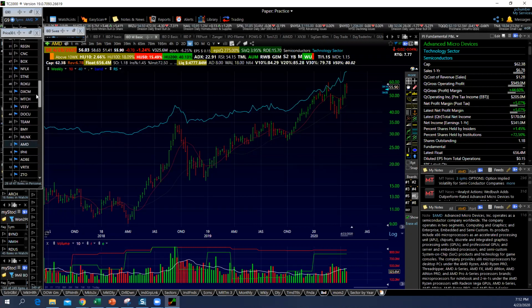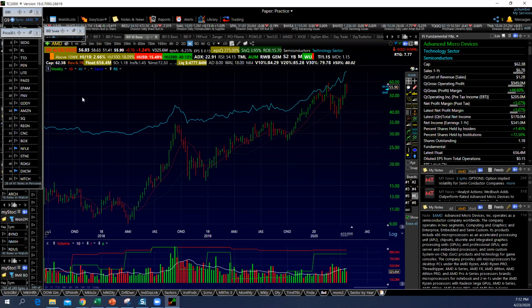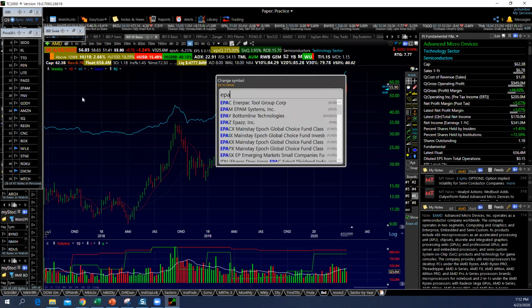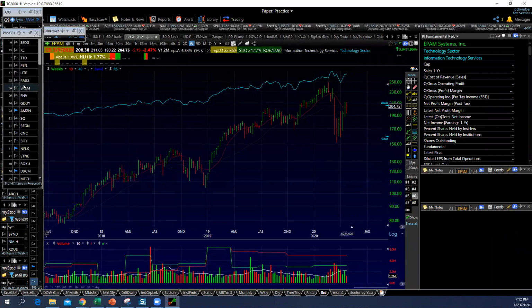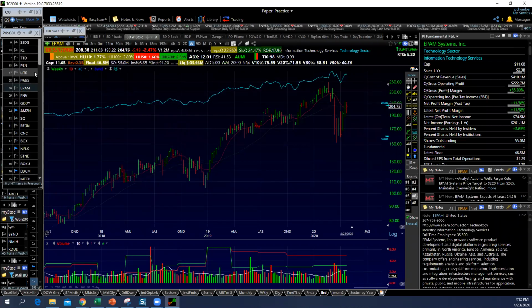They're all from the list that you guys built. The first one is EPAM. You notice the G90 group. This was the double bottom, right?